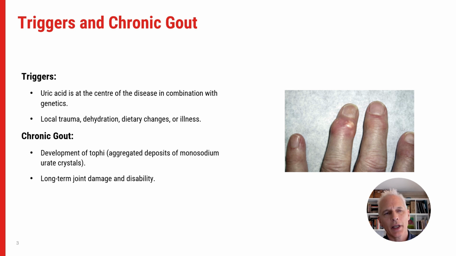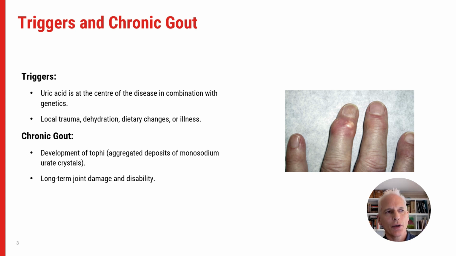Now, one of the key things to learn here is that the gout which appears hasn't just suddenly appeared from nowhere. It's typically uric acid accumulating in joints or in tissues, which has happened over years and years, and we'll talk about that a little bit later.